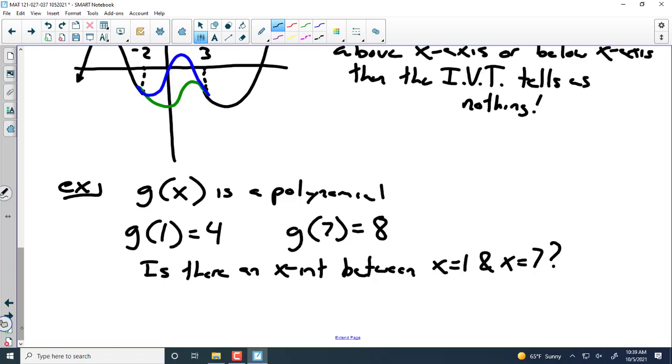I don't know, because both these points are above the x-axis. Maybe there is, maybe there isn't. Everyone see that? We just don't know.